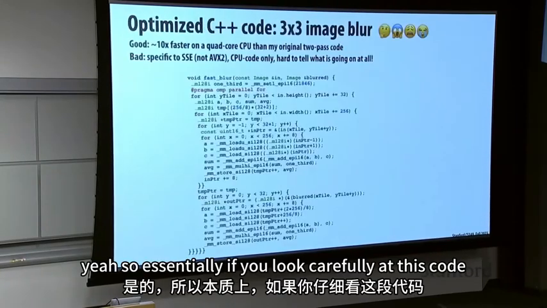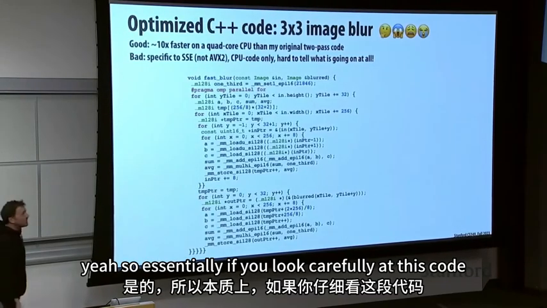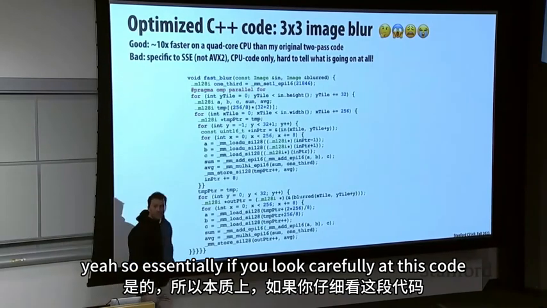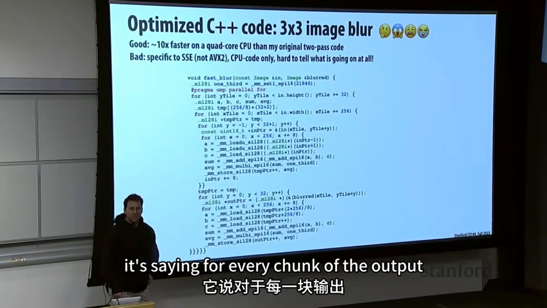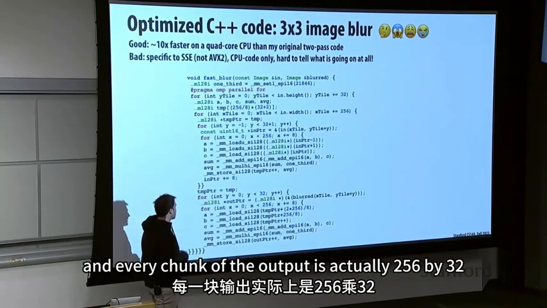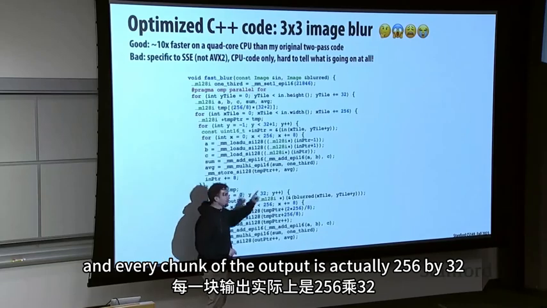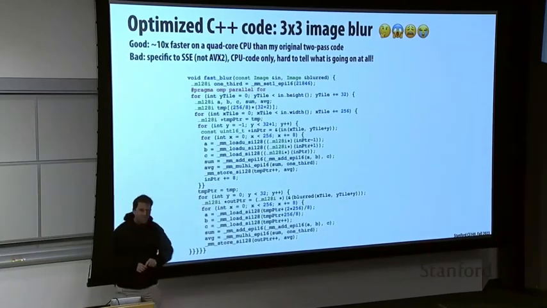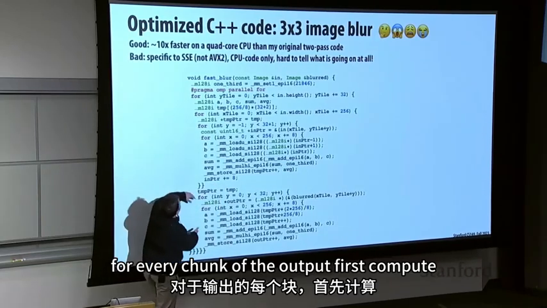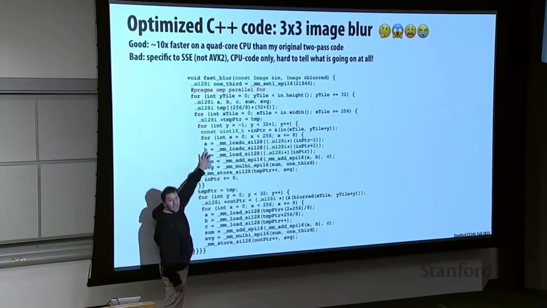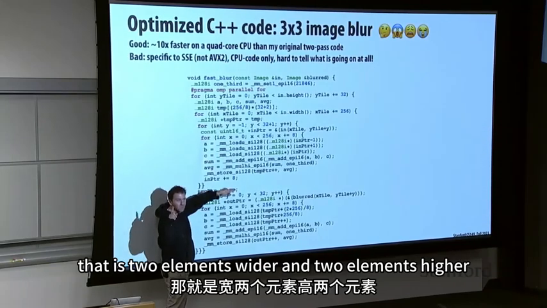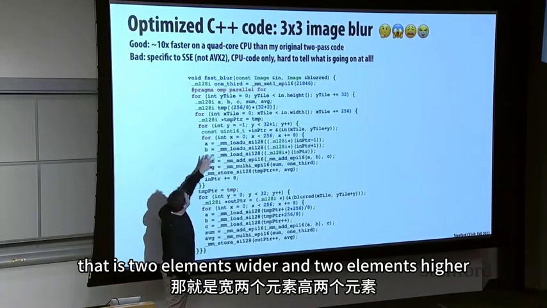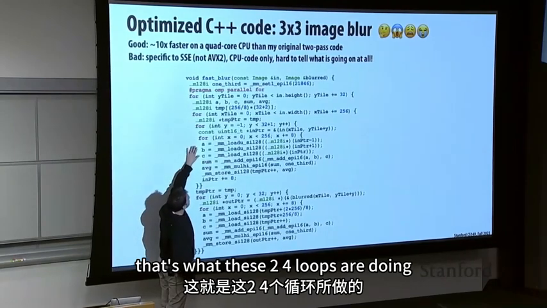Yeah. So essentially, if you look carefully at this code, what it's doing is exactly what we came up with. It's saying for every chunk of the output, and every chunk of the output is actually 256 by 32, first compute a chunk of temp that is 2 elements wider and 2 elements higher. That's what these 2 for loops are doing.